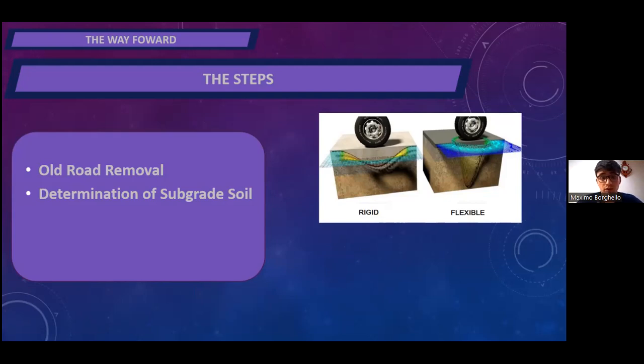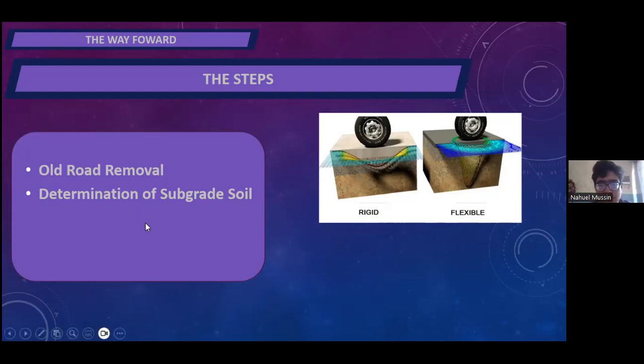Why? Because the determination of subgrade soil affects the behavior and the durability of the pavement. The concrete pavement does not require elevated resistance, but needs uniform support without abrupt changes.